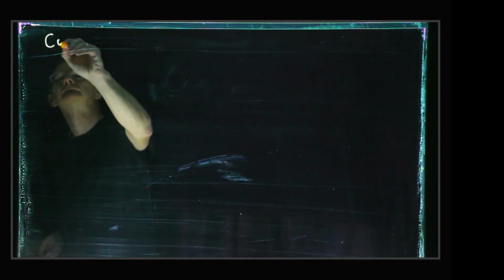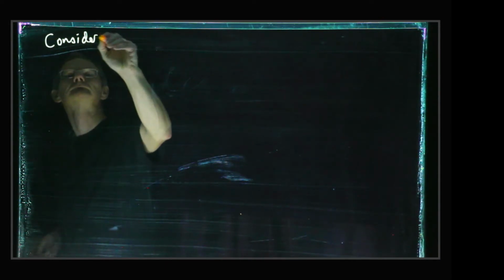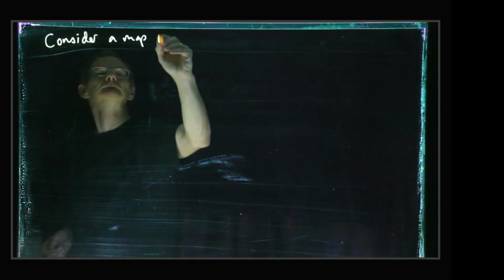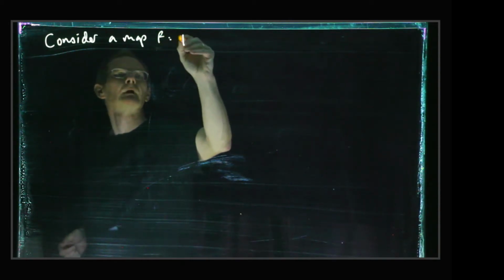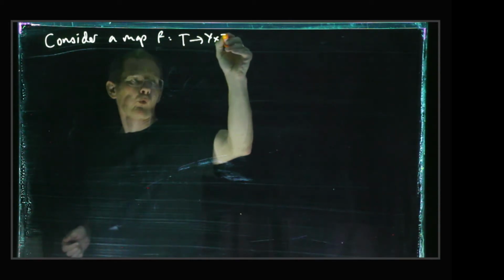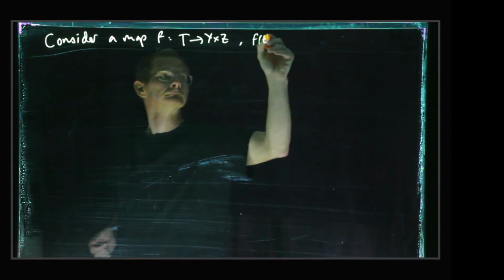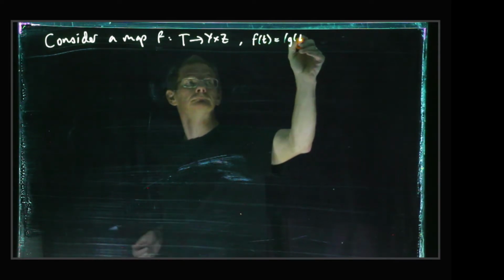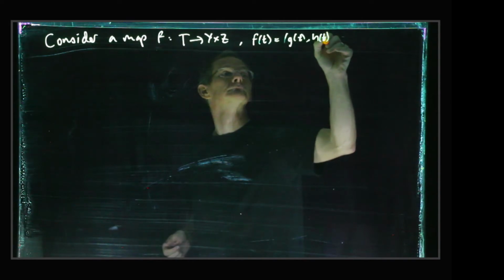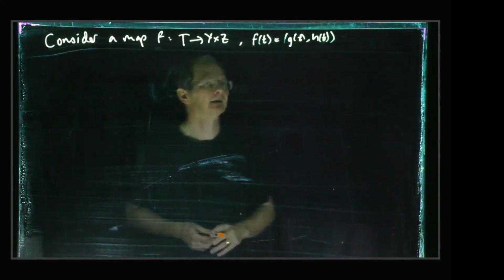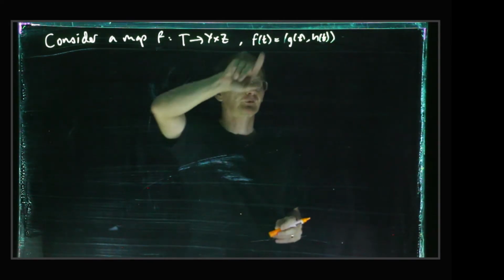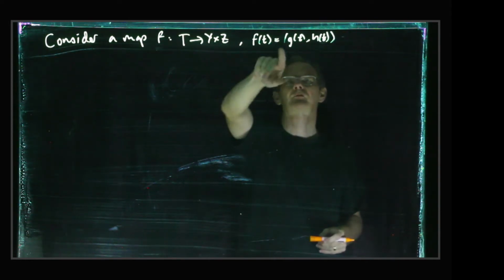Okay, so let's just write that again. Suppose you've got a map F from T to Y cross Z, given as before, F of t is G of t, H of t.